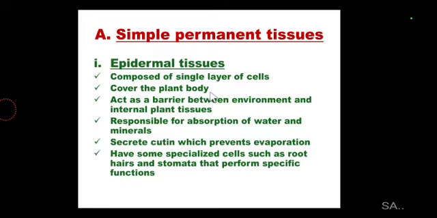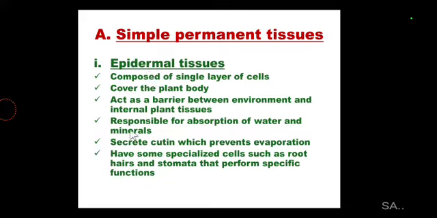Since they cover the whole body of the plant, they act as a barrier between the environment and the internal plant tissues. So the internal parts of the plants are actually protected with this shield of the epidermal tissues.